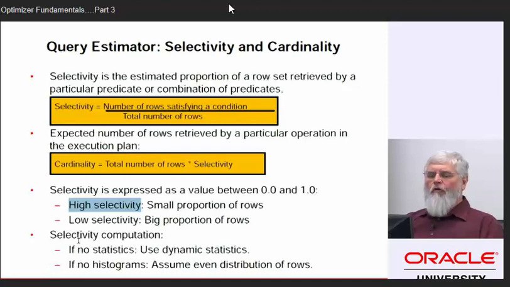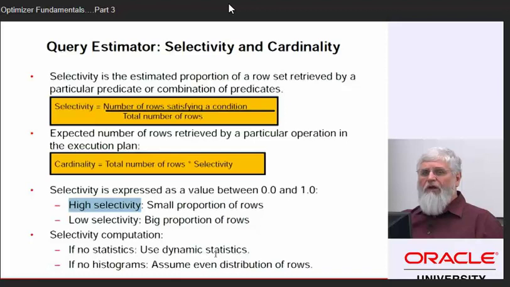If dynamic sampling isn't available and there are no usable statistics, then there would be no histograms, which means we assume a normal distribution, which means all values are equally likely.